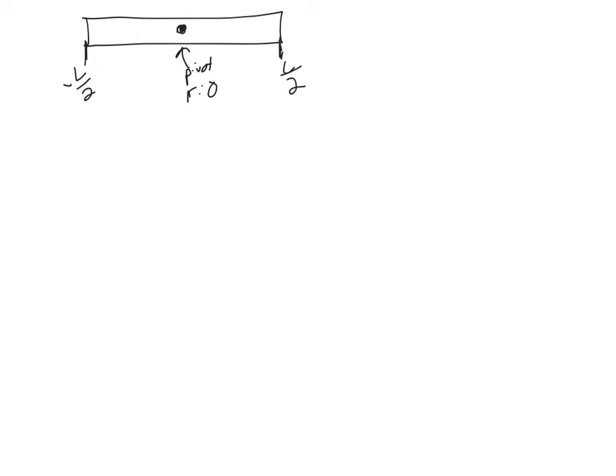Now, if I do the same exact integral, lambda r squared dl, this time my bounds are going to be negative L over 2 to L over 2, going from one end to the other end.